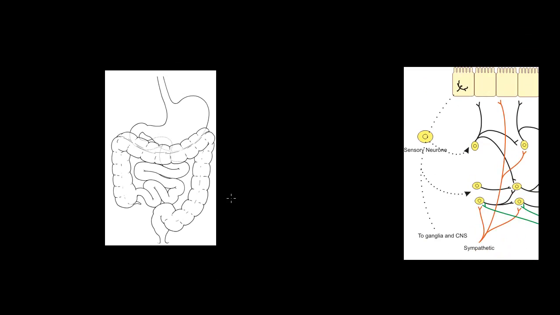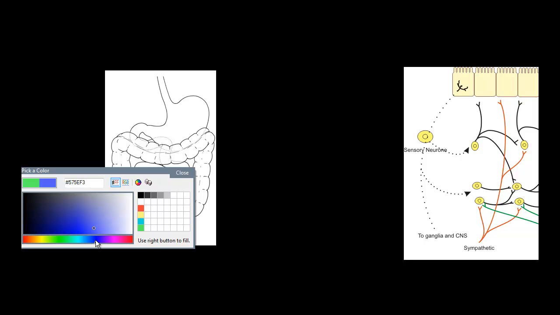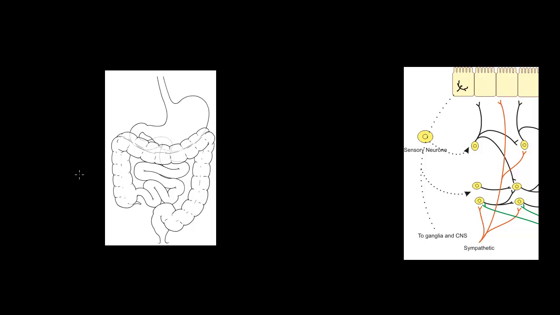Let's think back to the histological features of the GI wall. Do you remember when I talked to you about the myenteric nerves and the submucosal nerves, or plexuses?